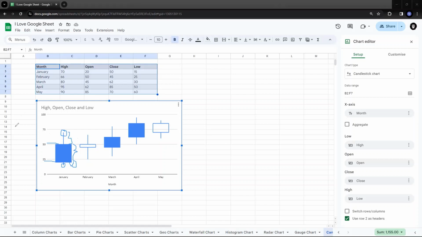I'll remove the drawings as of now. These candlestick charts are mostly used for stock analysis.